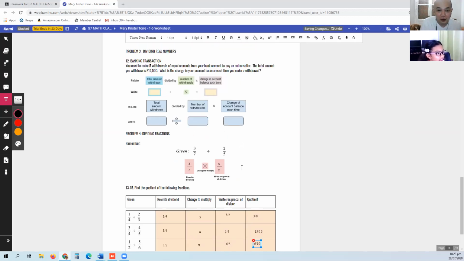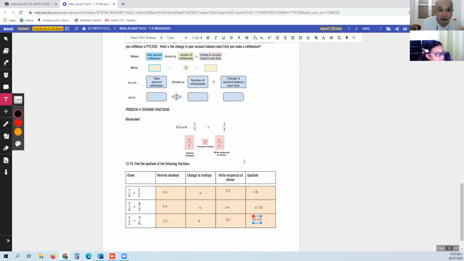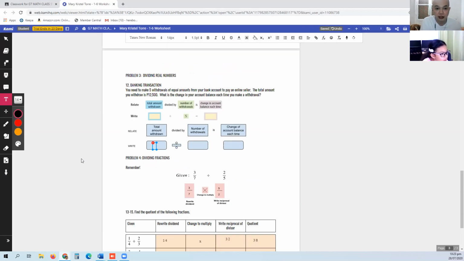Done, right? Everything? What about this one? There's something here, this blue one. Is it editable? No? Oh, yeah, it's editable. So what do you need to write there? Total amount withdrawn. Okay, write 12,500. And then divided by how many withdrawals? 5.